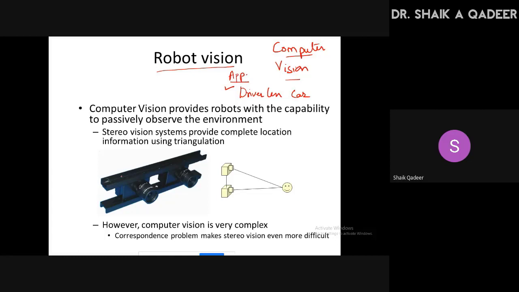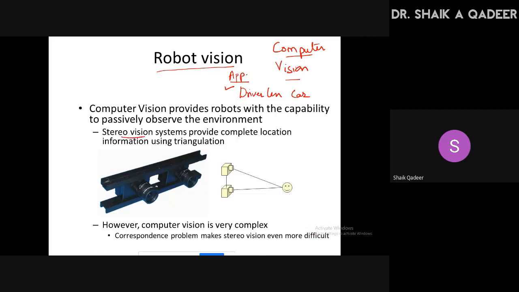In order to replace a man with a robot, we need to provide extensive information about its surroundings. That can be done; there are many mechanisms available. We just talk about the hardware part. There is a mechanism of extracting information from the surroundings, and that is called stereo vision.